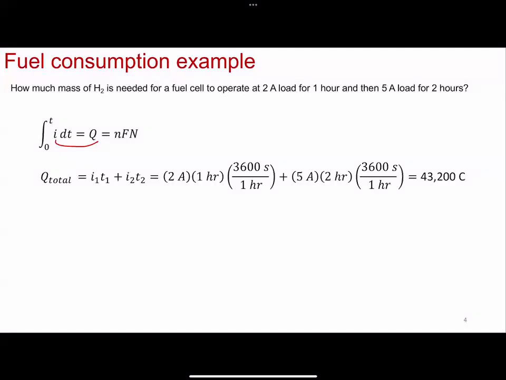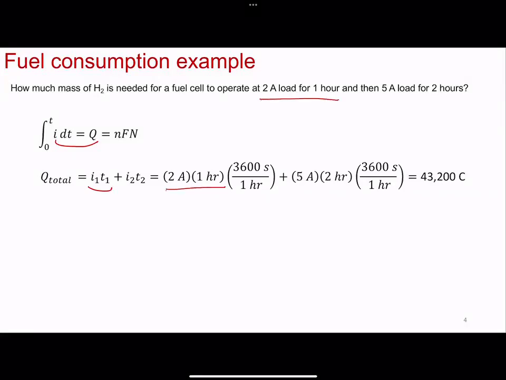So we know current over some time, your 2 amp for 1 hour load is here. And then you'll apply a 5 amp load for 2 hours. So the total charge, converted to seconds, of course, the proper units, you get 43,200 coulombs. But the gist is you need to know the total charge that you'll need.